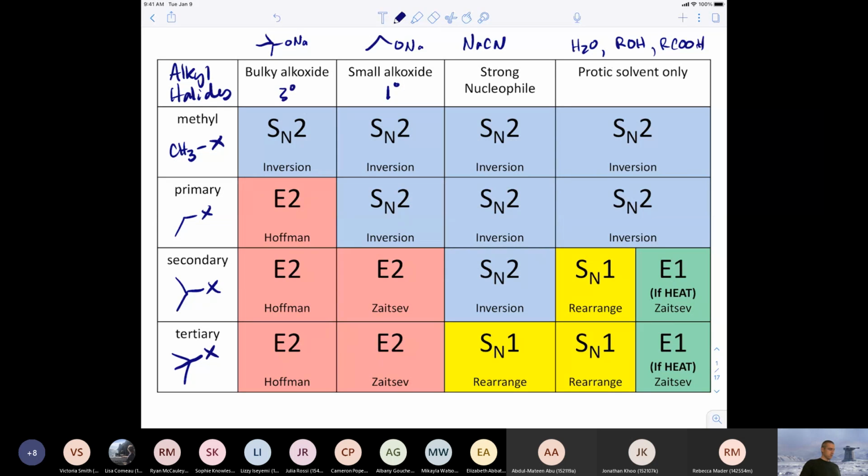There's a lot of information in this, but you can simplify it. If it's methyl anything, it's always SN2. That whole top row is always SN2, because you can't do any eliminations, since you need a beta carbon to do eliminations. Bulky alkoxides always do E2 unless it's a methyl, because you can't do eliminations on a methyl.